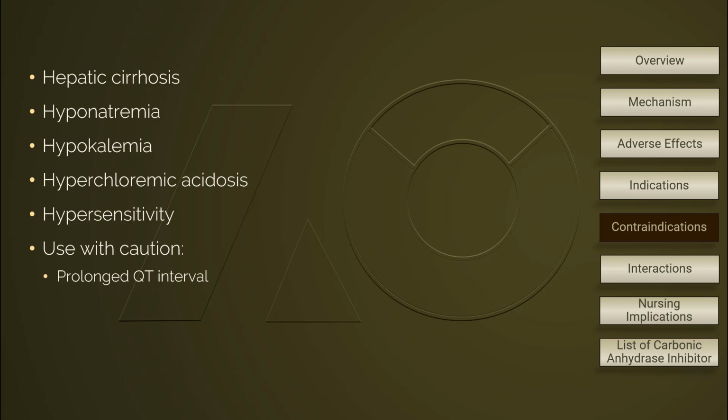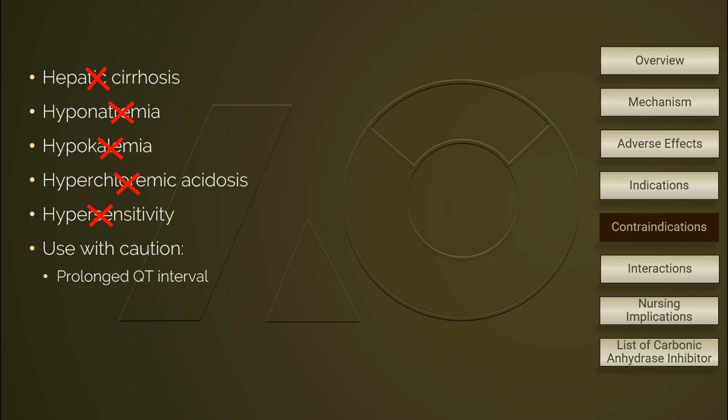Ammonia clearance is decreased with usage of carbonic anhydrase inhibitors. Therefore, liver function impairment or liver cirrhosis is a contraindication. Other contraindications include hyponatremia, hypokalemia, hyperchloremic acidosis, and hypersensitivity to these medications or sulfonamides.